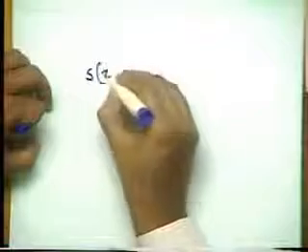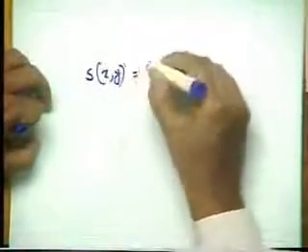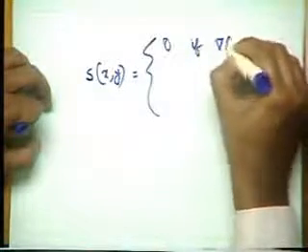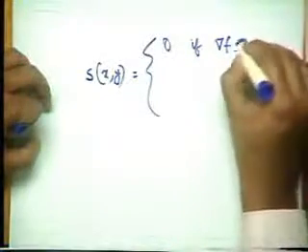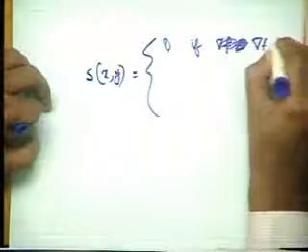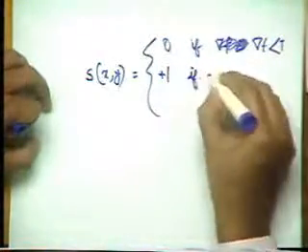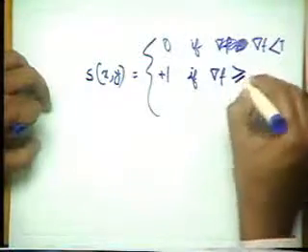We are going to have the classified image Sxy equal to 0 if the gradient of f is less than the threshold, and it is equal to +1 if del f exceeds the threshold t.